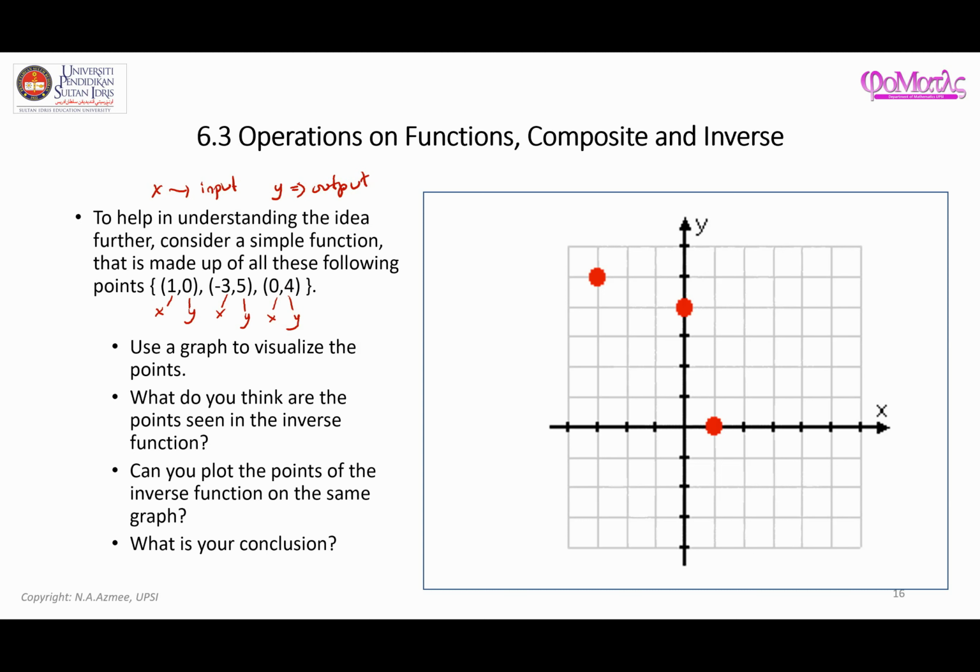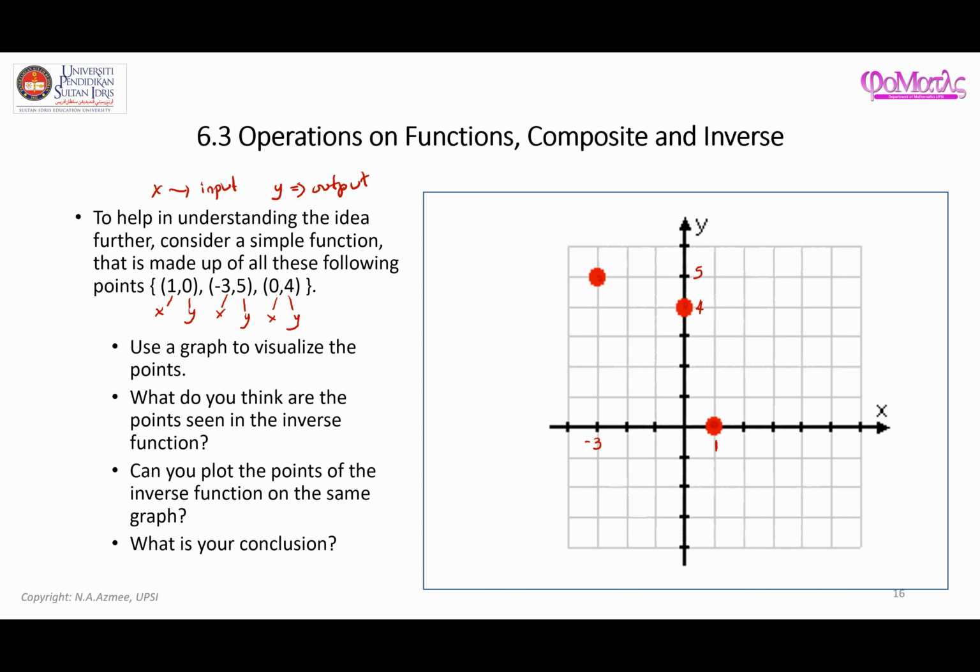So this is the point 1, 0. This is the point 0, 4. And this is the point negative 3 and 5. So this is 5. This is negative 3.